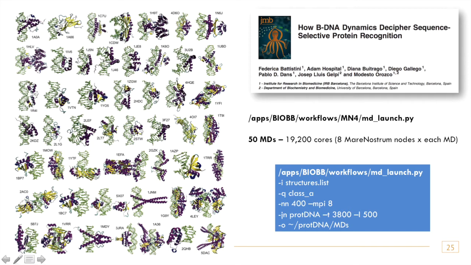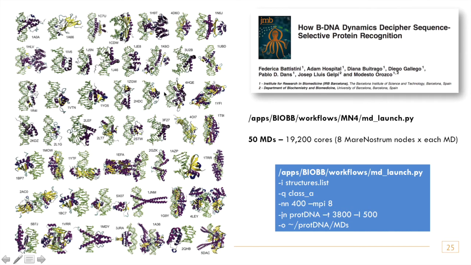We simulated the DNA coming from these PDB structures, just removing the protein, and then we simulated the same DNA but from a canonical form. We generated the sequence in canonical form and simulated them, and then we compared the results to see if the canonical DNA still had the information needed to properly bind the protein.